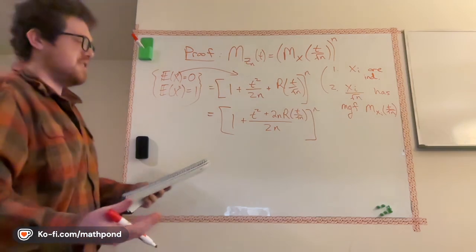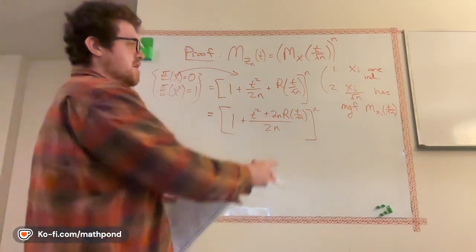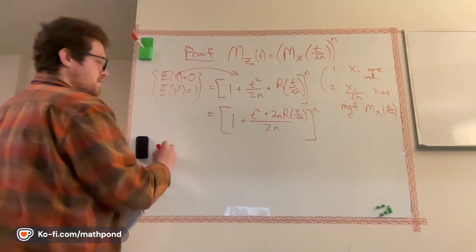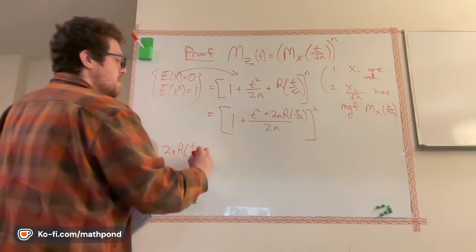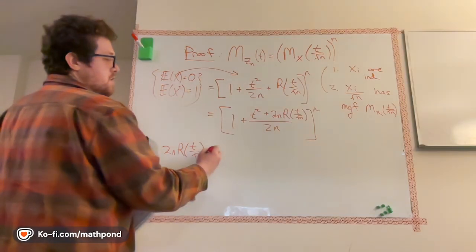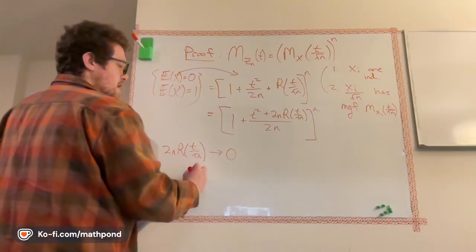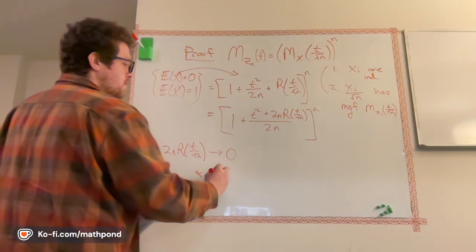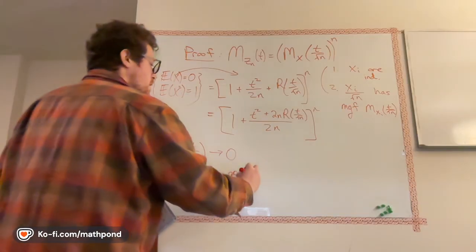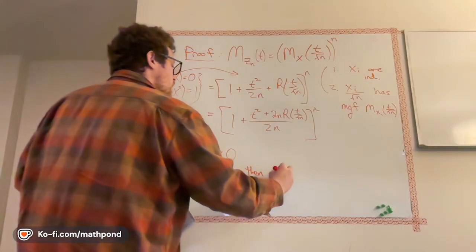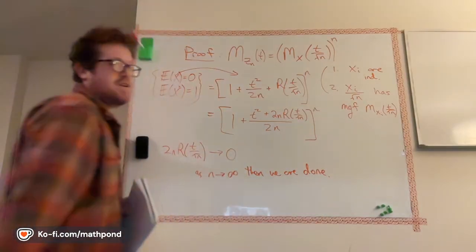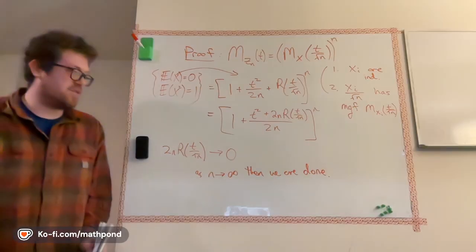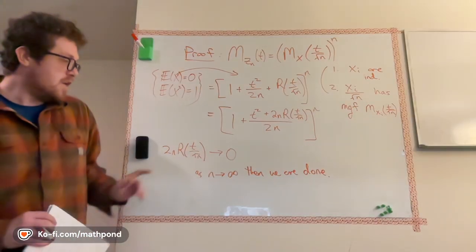So does anyone have any questions about that? Essentially, my argument is that if 2n r of t over square root of n goes to 0 as n goes to infinity, then we're done. Does anyone want to argue with that, or does anyone not understand that?